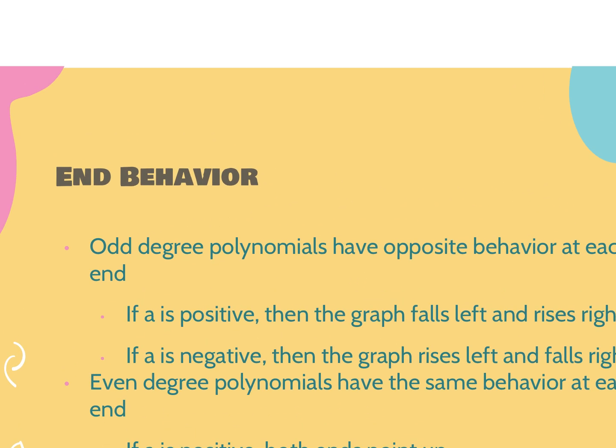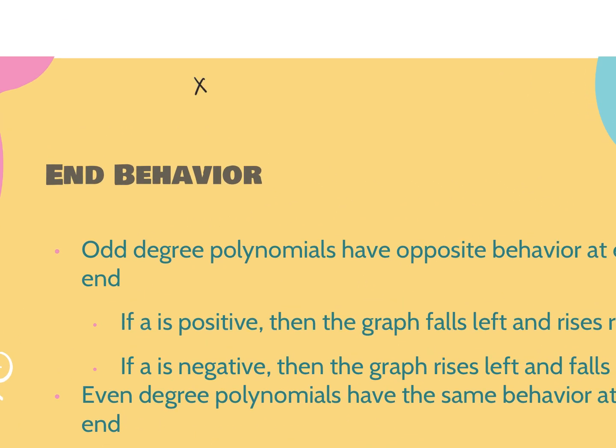So for instance, if I had, let's say, x squared, right? You guys know that x squared makes this parabola shape, all right? And if you notice, the arrows at each end point upwards. So these are what represent the end behavior of this polynomial.